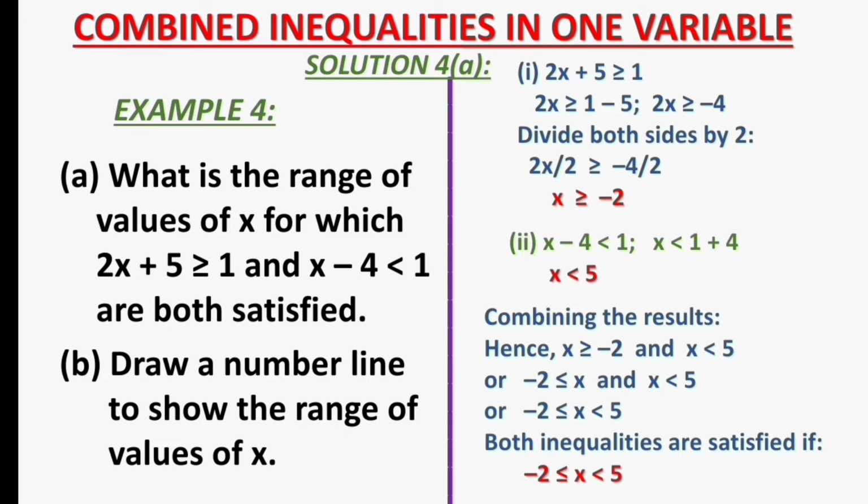Combining this arrangement with the biggest value, which is x is less than 5, we are going to have a combined inequality, which is minus 2 is less than or equal to x is less than 5. Hence, both inequalities are satisfied if minus 2 is less than or equal to x is less than 5. Next, let's draw the number line to show the range of values of x in question 4b.